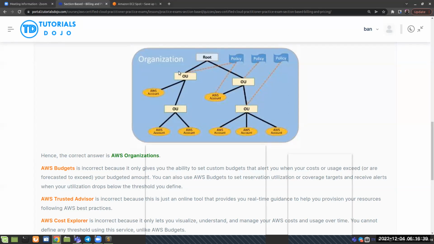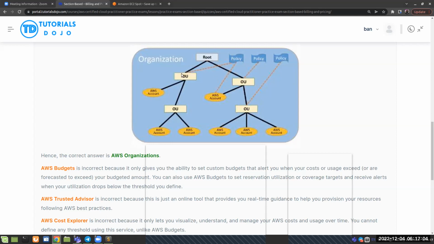And the advantage of having an organizational unit is that they can apply a policy depending on how they want those accounts to work. If they apply a policy to this organizational unit, then it will influence all the accounts in it. These policies are referred to as SCPs, service control policies. So that's another term you should keep in mind when you are thinking of Organizations.